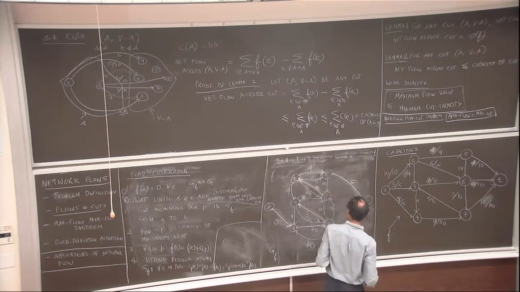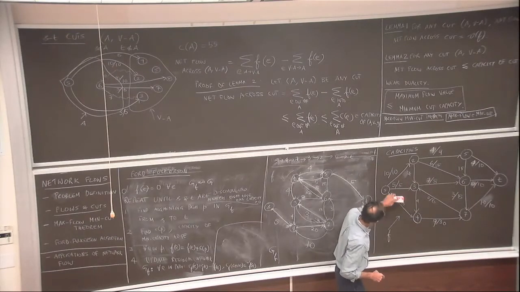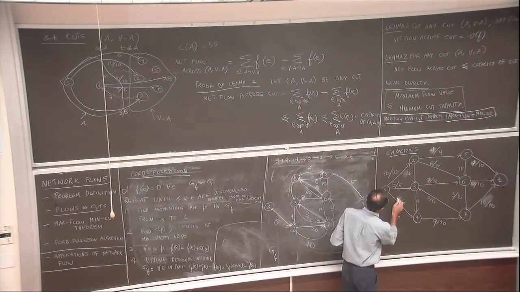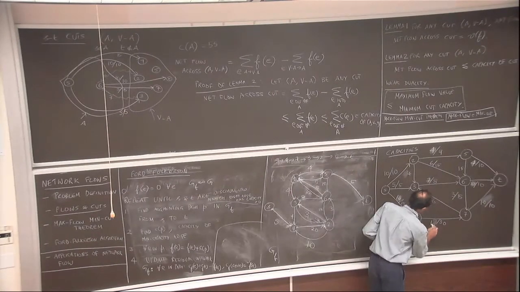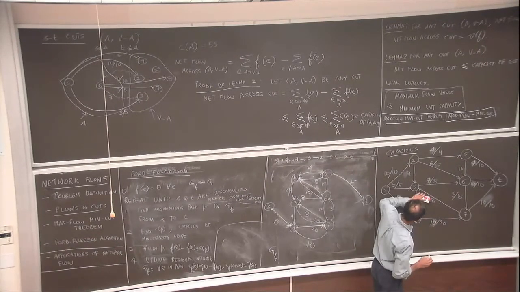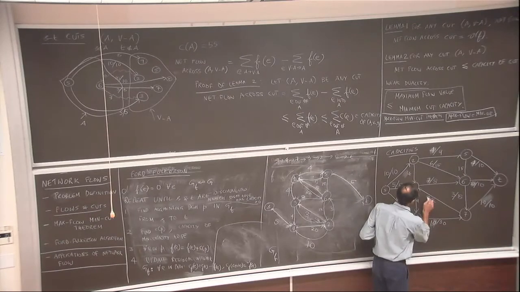Okay, let's update here. The path was from S to 4, so this became 10. 4 to 7 became 10. 7 to 3 became 3.